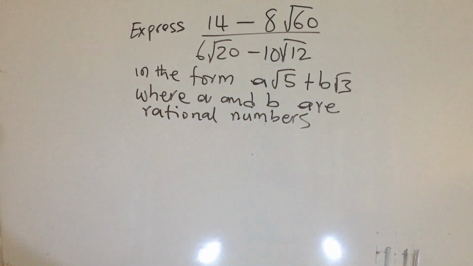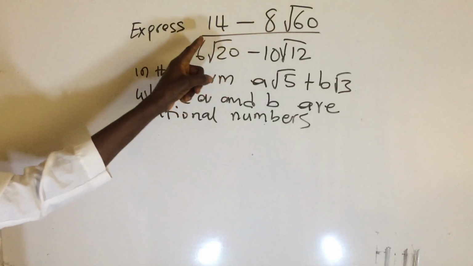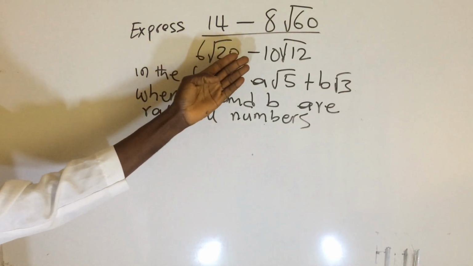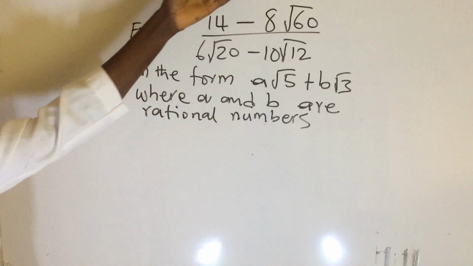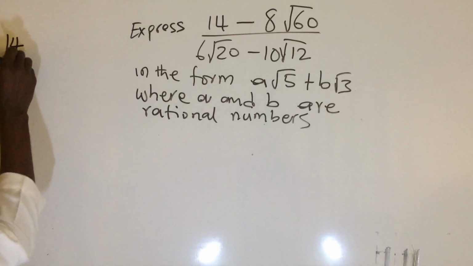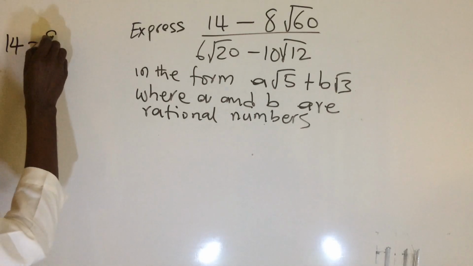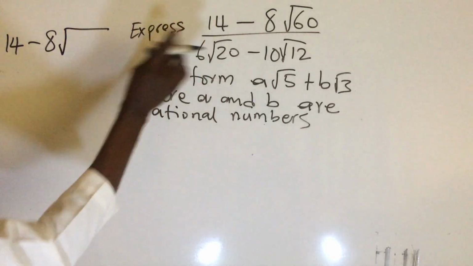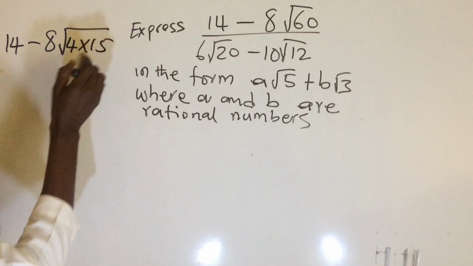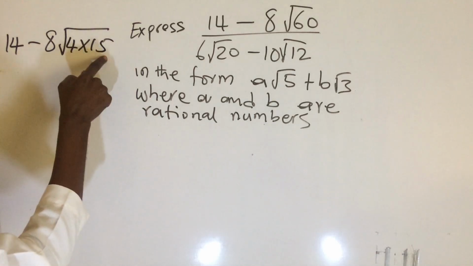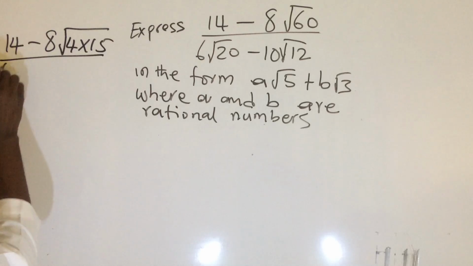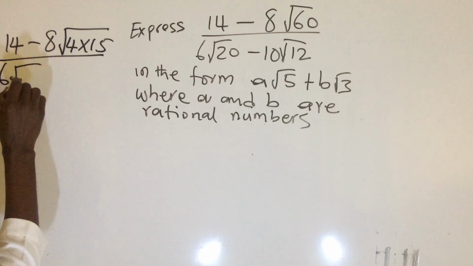Now, the first thing we have to do is to simplify both the numerator and the denominator. Let's start immediately. 14 minus 8, simplifying root 60 means 4 times 15, which still gives us 60 when we multiply, all over 6 root 20.